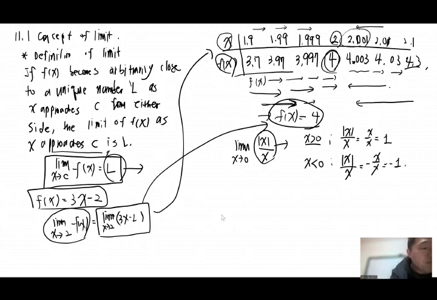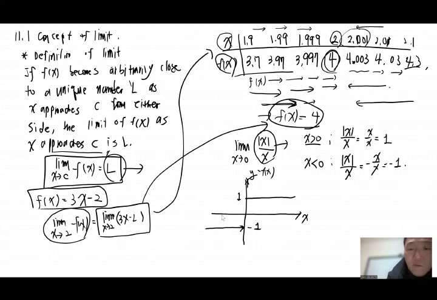If you plot this one, it should look like this. This is x, this is y, this is f(x). If it comes from positive x to 0, then f(x) becomes plus 1. If it comes from negative values of x to 0, then that is minus 1.